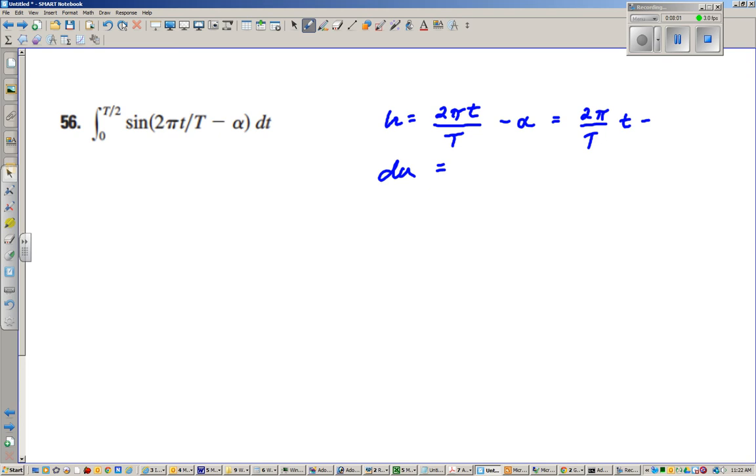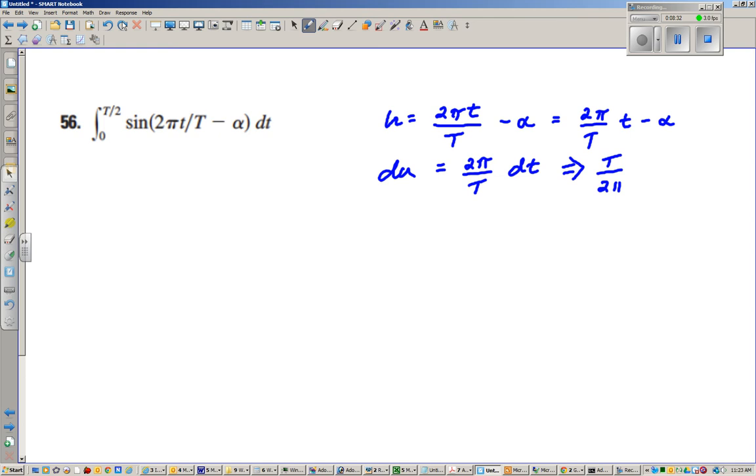So think about that numerator once again, where it says 2 pi t over big T. Couldn't I write it as a 2 pi over T out front of little t, like a coefficient in front of little t, minus my alpha? Isn't that what u is? So when I come along and take my derivative, won't I get just 2 pi over T minus 0, or just 2 pi over T dt?